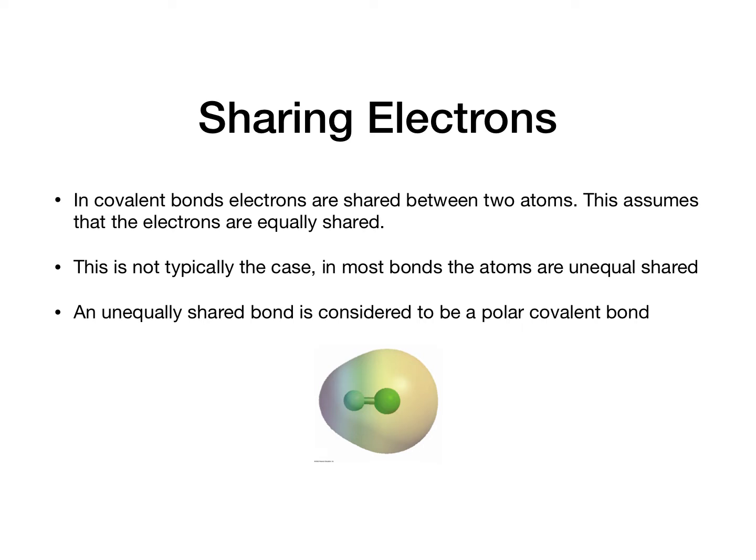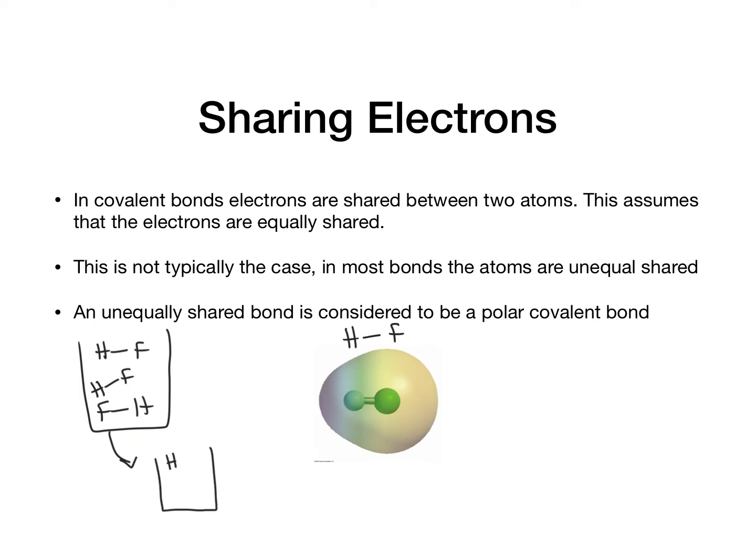So if this molecule here is HF, and you were to put hydrofluoric acid in an electric field, what you will see is that your HF molecules that started out kind of all over the place, if you apply electricity, they will all orient themselves in the same direction.